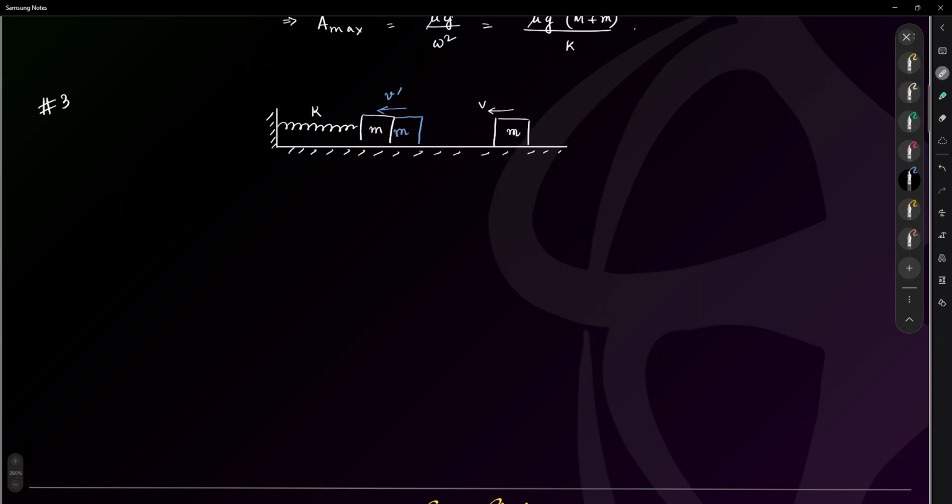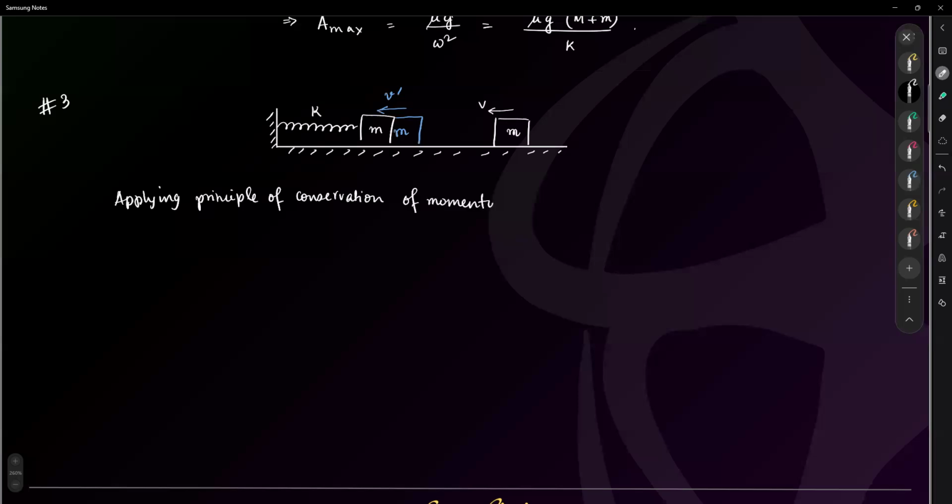So, if you apply the principle of conservation of momentum, in this scenario, the initial momentum will be equal to final momentum.